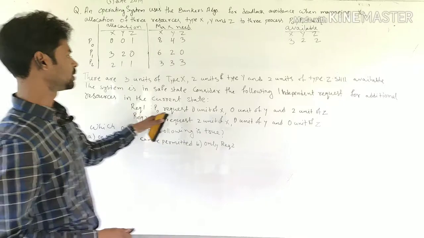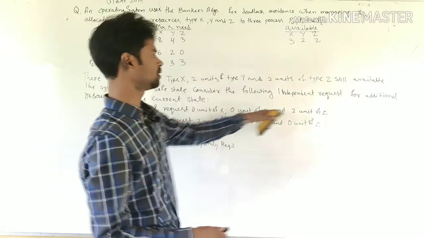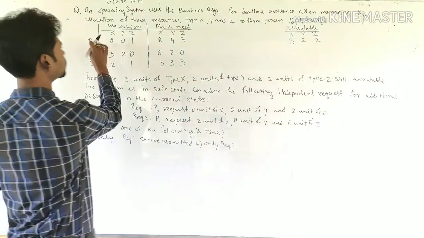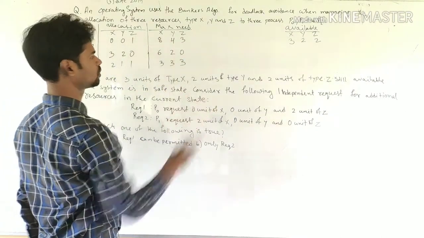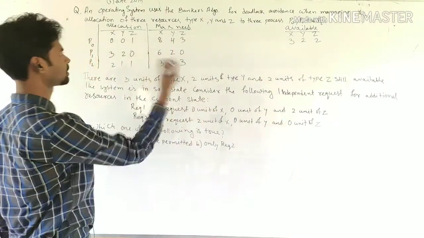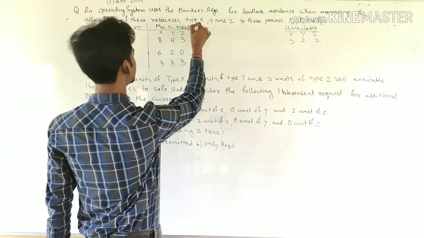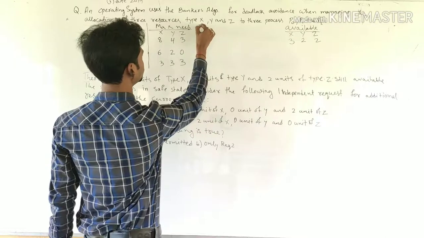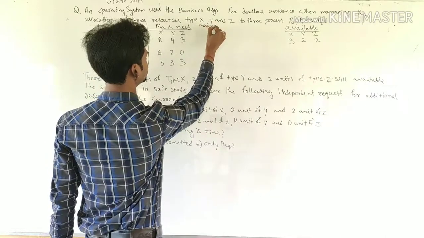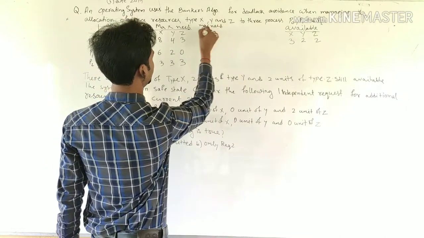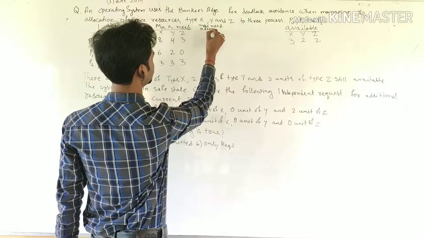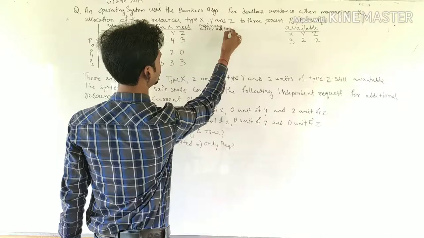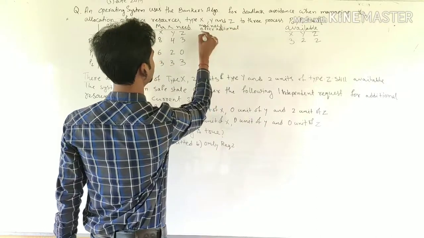Request 1, P0 requests for 0, 0 and 2 units. So, after the additional request, what is the maximum need?